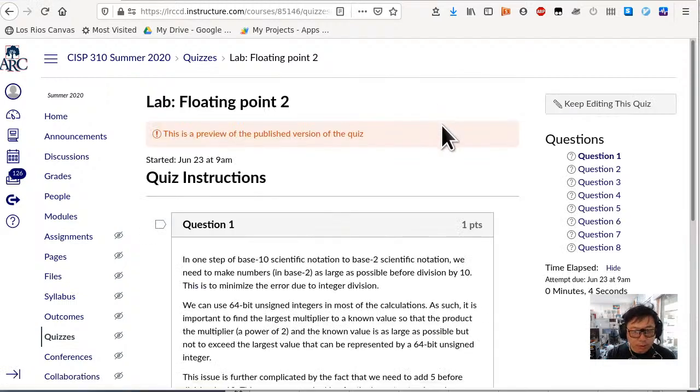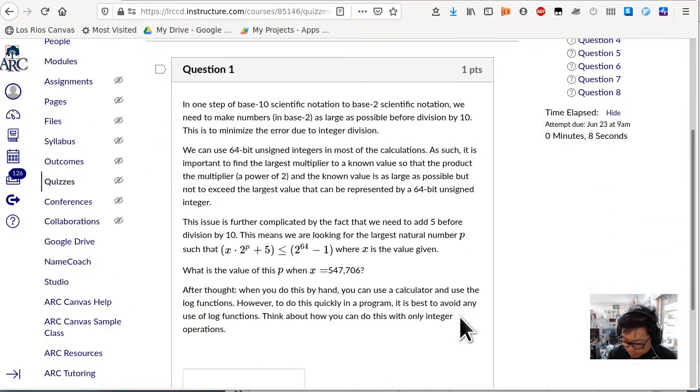Alright, so there we go. For question number 1, question number 1 is asking, in one step of base 10 scientific notation to base 2 scientific notation conversion, we need to make numbers in base 2 as large as possible before division by 10.